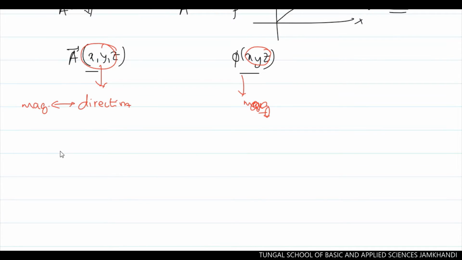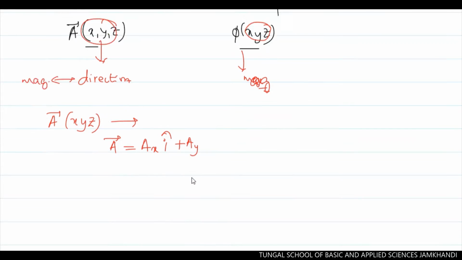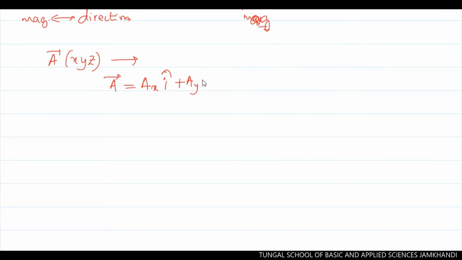So the vector A is a function of position coordinates x, y, z. Its dependency will be on all three coordinates. If I define its magnitude along the x-axis as ax, its direction will be along the x direction, that is i cap. Then ay is the component of the vector along the y direction, and az is the component along the z direction.